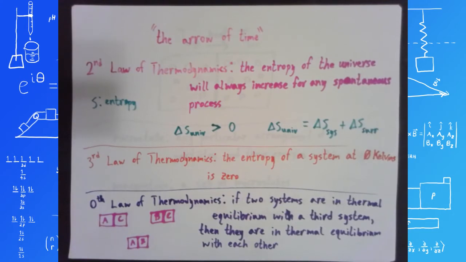So the second law of thermodynamics is the one that you want to focus on for the remainder of this chapter. The entropy of the universe will always increase for any spontaneous process. The natural thing for systems to do is for the particles within them to spread throughout the available space, and for the energy to spread among the available particles.